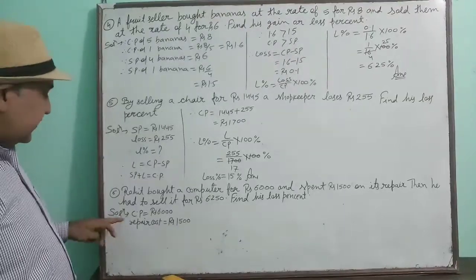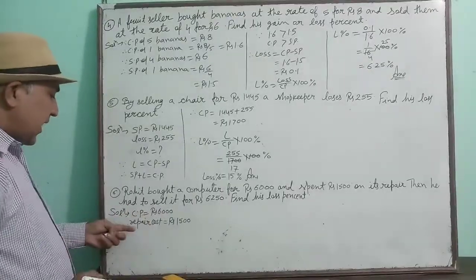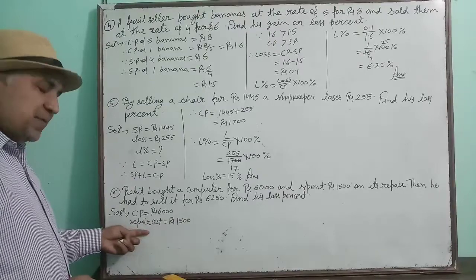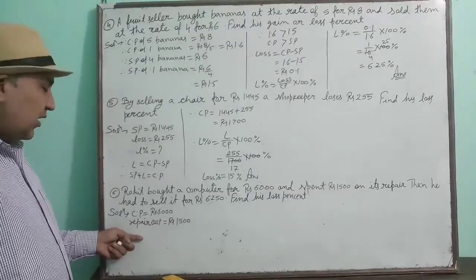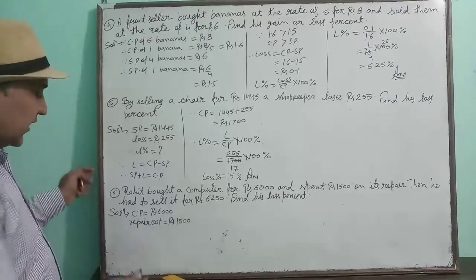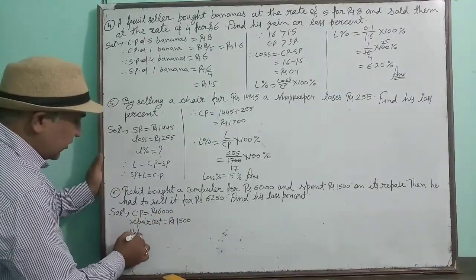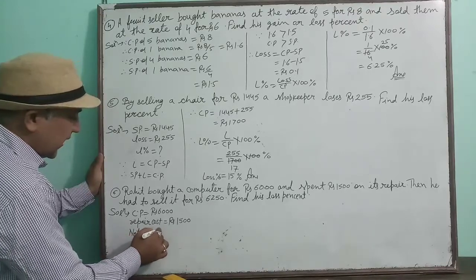Children, we have studied that if cost price of any object is given and something is spent on repairing or on transportation or on accessories, then that cost is added with cost price and then we got the net cost price.